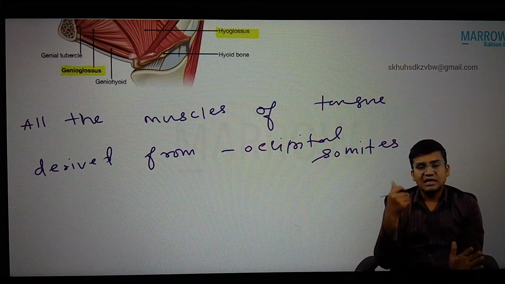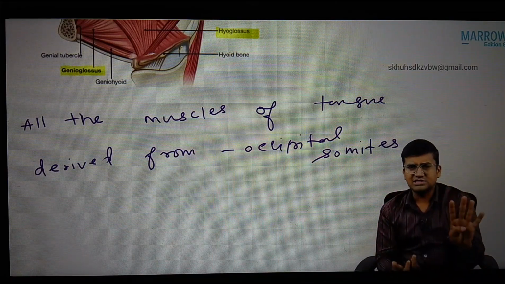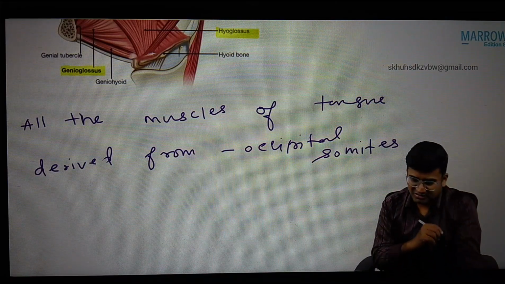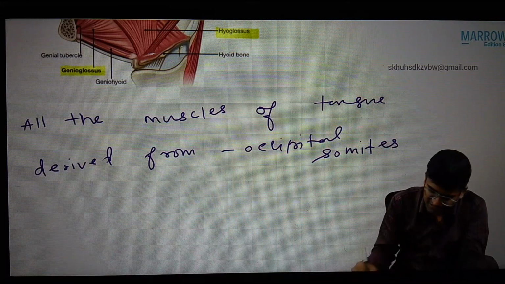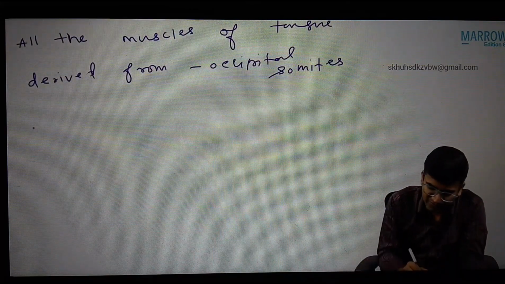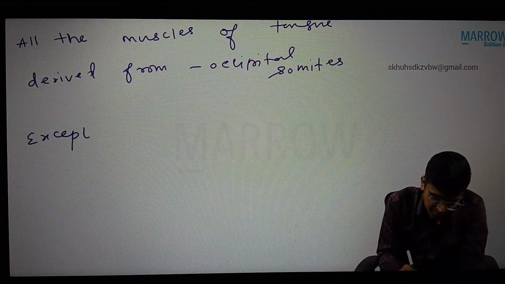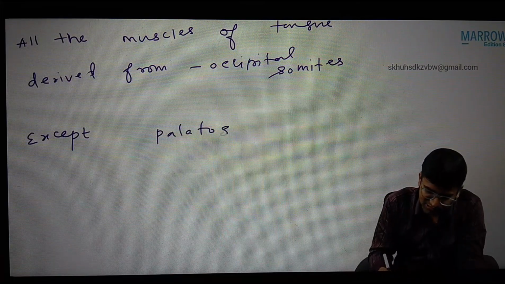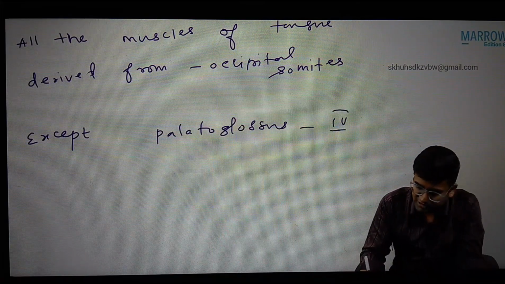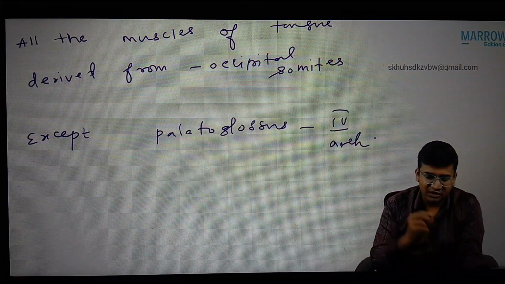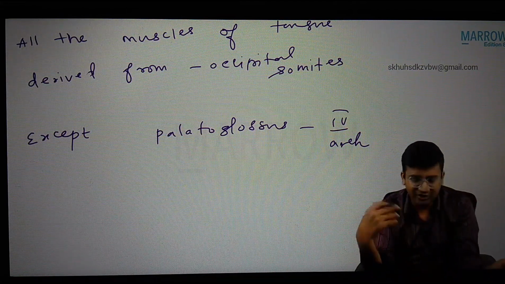Palate muscles come from which arch? Fourth arch. Okay. So all the muscles of the tongue are derived from the occipital somites, except palatoglossus, which comes from the fourth arch. Now the same question can be asked in a different way.